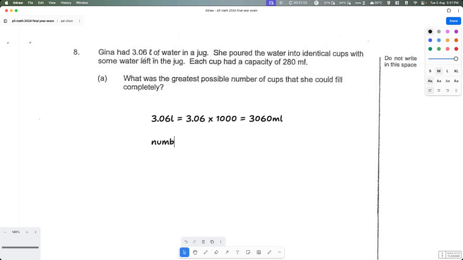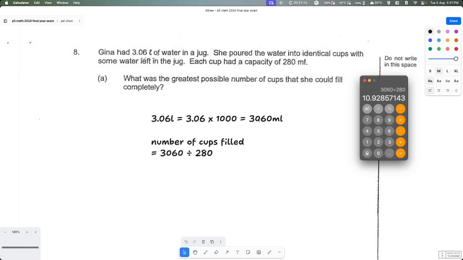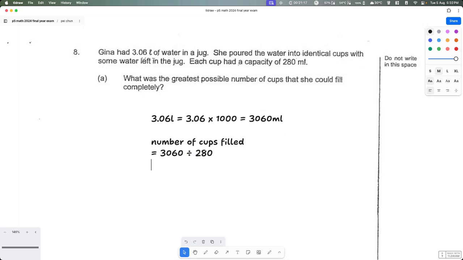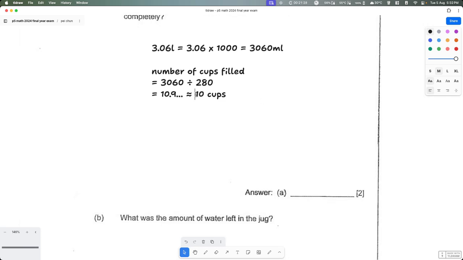Right, so the number of cups filled is equal to 3600 divided by 280. This will give us 10.9 dot dot dot, and then this should be 10 cups. Okay, so the answer to this is just 10 cups.